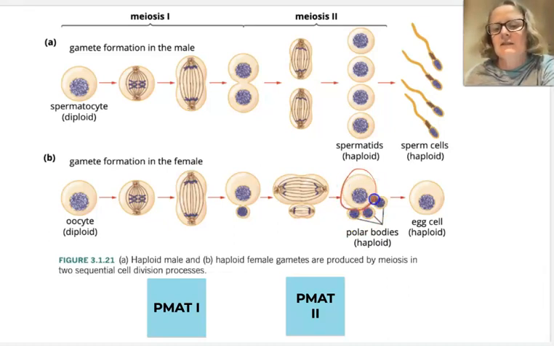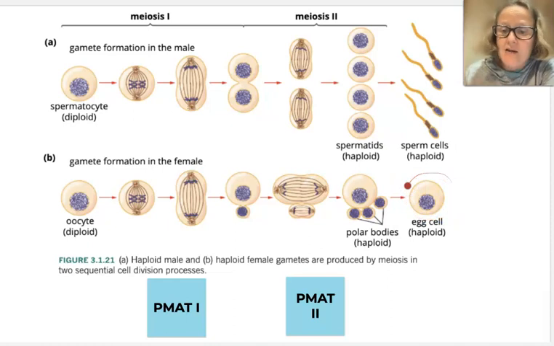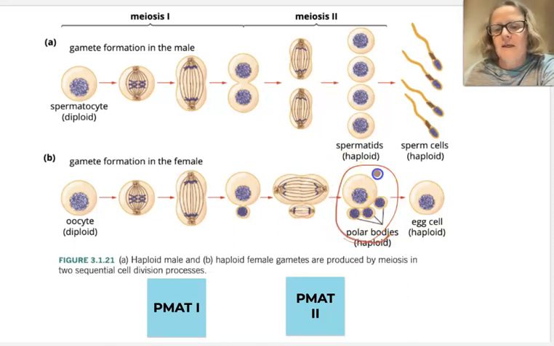So the split of the cytoplasm isn't even. So 1 cell becomes the egg cell, and egg cells will have to have lots of cytoplasm in order to provide nutrition for the fertilized egg. So egg cells, although they do make 4, only 1 actually goes on to be productive.